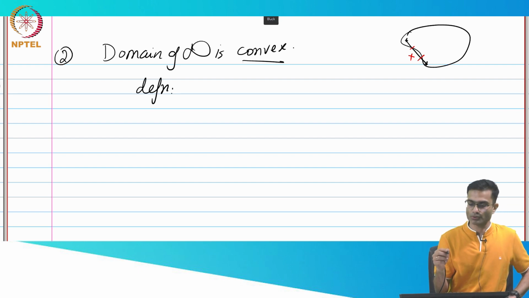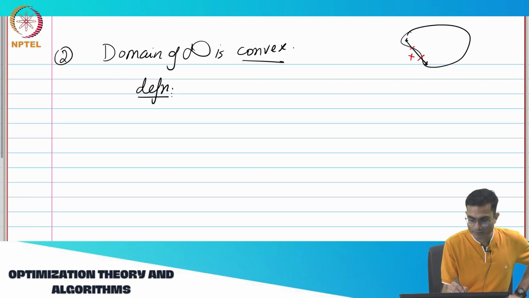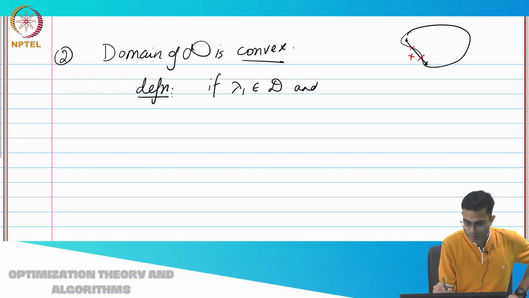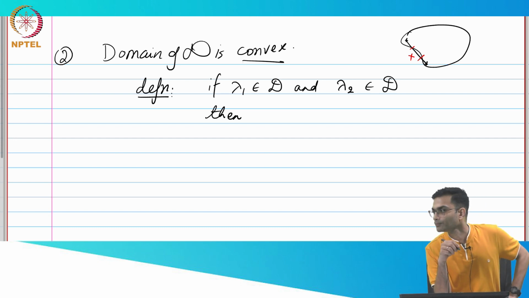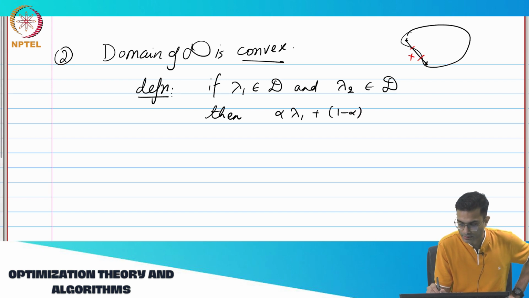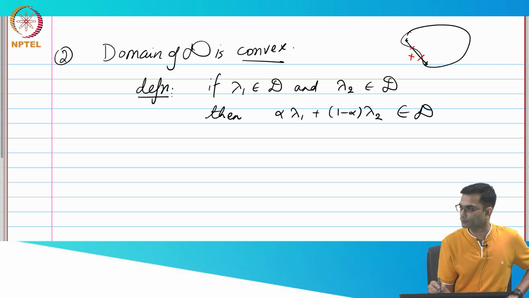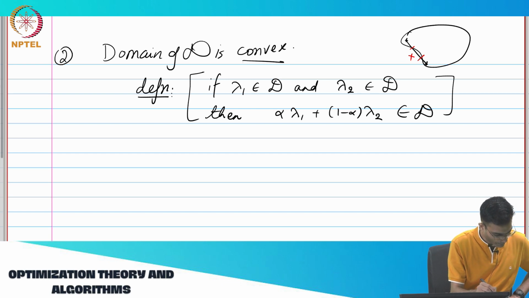So if I were to define it, when do I say that a set is convex? I would say if lambda 1 belongs to D and lambda 2 also belongs to D, then alpha lambda 1 plus 1 minus alpha lambda 2 must also belong to D. This is the definition of convexity which we want to prove.